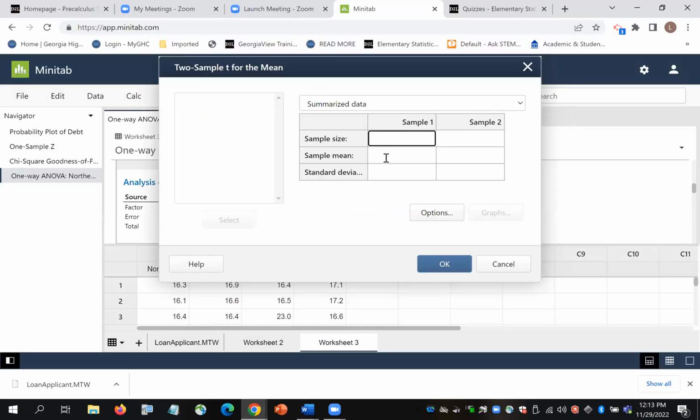My sample size for sample 1 was 26, given in the problem.